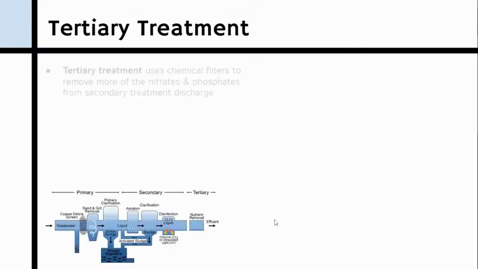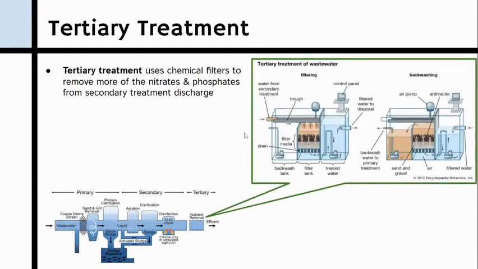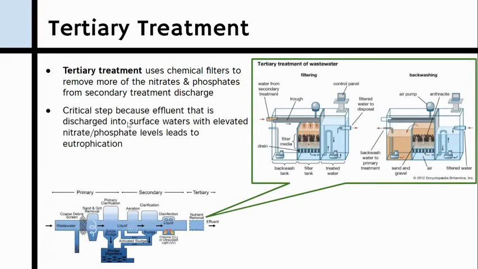All right, so tertiary treatment. We're using chemical filters to remove more of the nitrates and phosphates from secondary treatment. All right, so the critical step, because effluent that is discharged into surface waters with elevated nitrogen and phosphorus will lead to eutrophication. So this will eventually get rid of all of our nutrients, right?